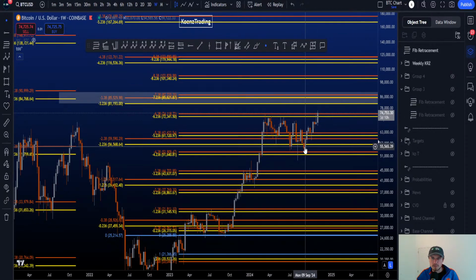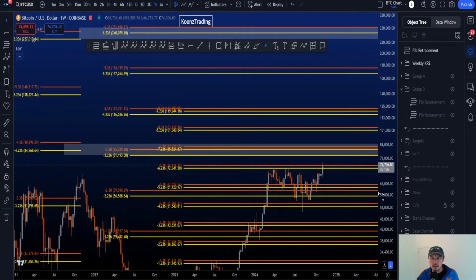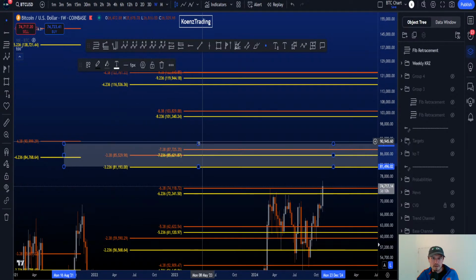Oh, okay, yeah, so that's definitely an area of interest here. 81 to 90. Three zones all lining up in this one area here.